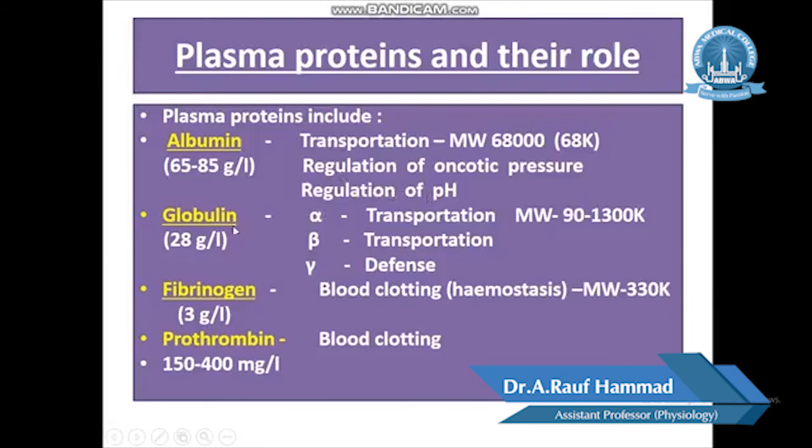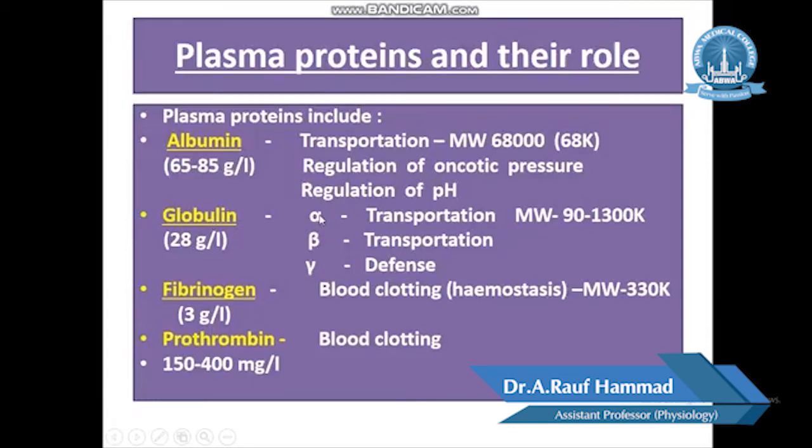The second one is the globulin. It is almost 28 grams per liter, and subgroups of globulin are alpha globulin, beta globulin, and gamma globulin.